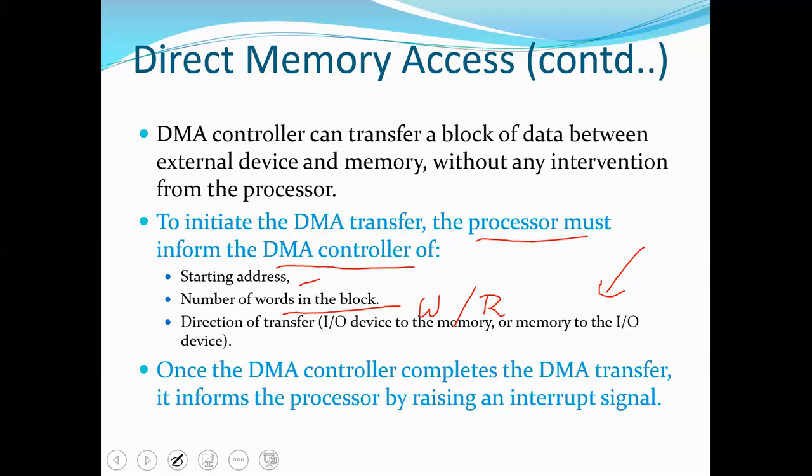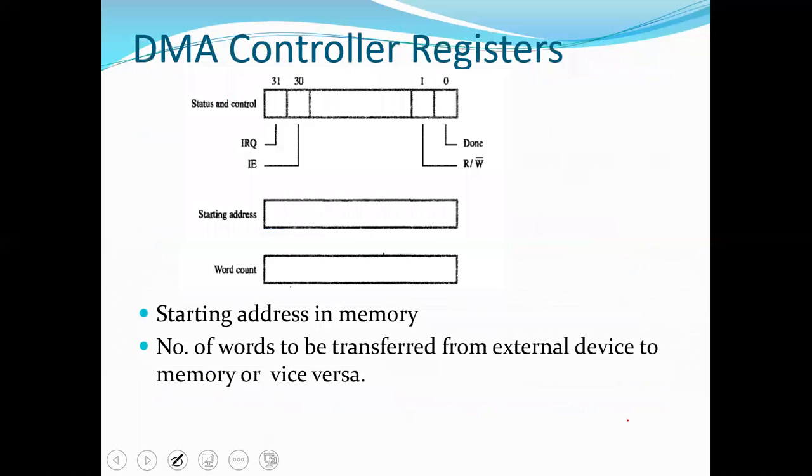What happens after the DMA transfer? Once the transfer of data is done, that is, the processor had given the permission for DMA and it is completed, an interrupt or information is sent to the processor in the form of a signal.